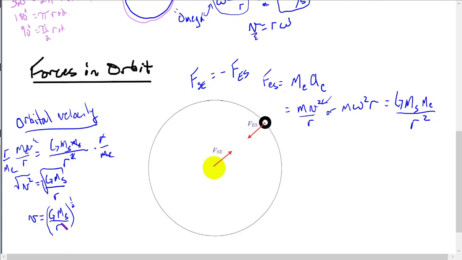Now, this mass of the sun could also be the mass of the Earth if we're talking about the moon traveling around the Earth, or it could be the mass of the moon if we're talking about a satellite traveling around the moon. This is the thing that is pulling on the object, and this is the velocity you have to travel to go at this radius.